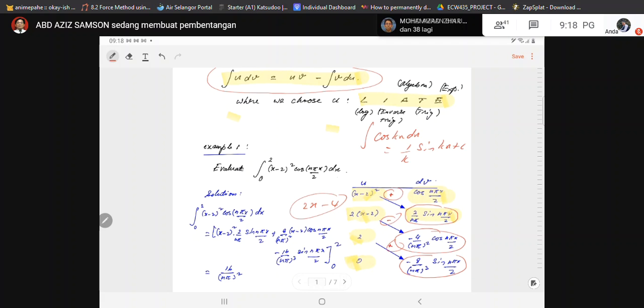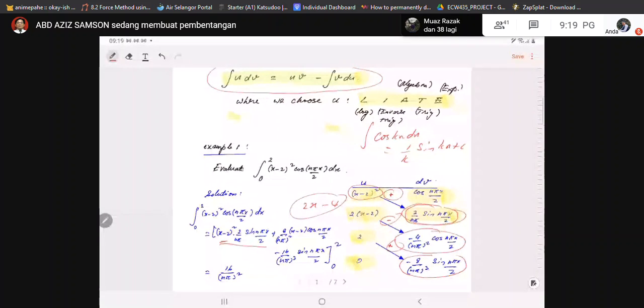As a result of this, the first expression is obtained by taking the product of x minus 2 squared and 2 over n pi sine n pi x over 2. So that's the first one.